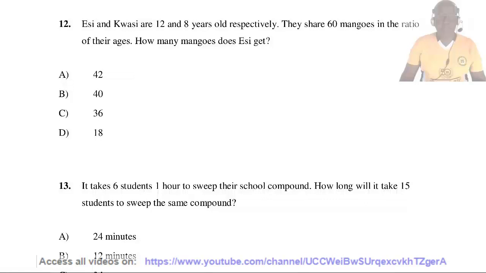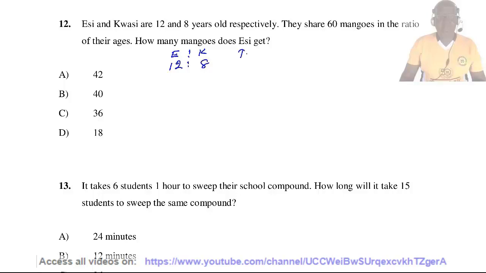Question 12. EC and Kwasi are 12 and 8 years old respectively. They share 60 mangoes in the ratio of their ages. How many mangoes does EC get? The ratio is 12:8. That is EC is to Kwasi.